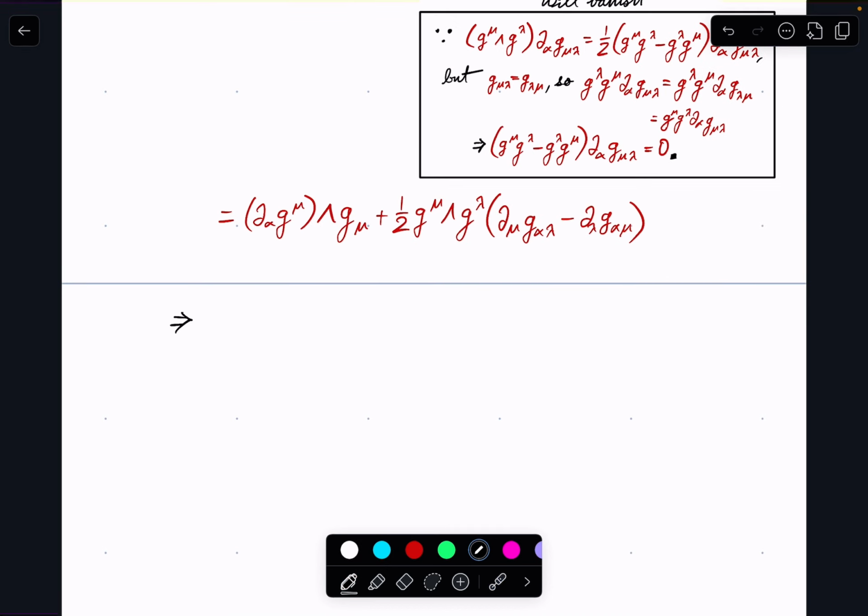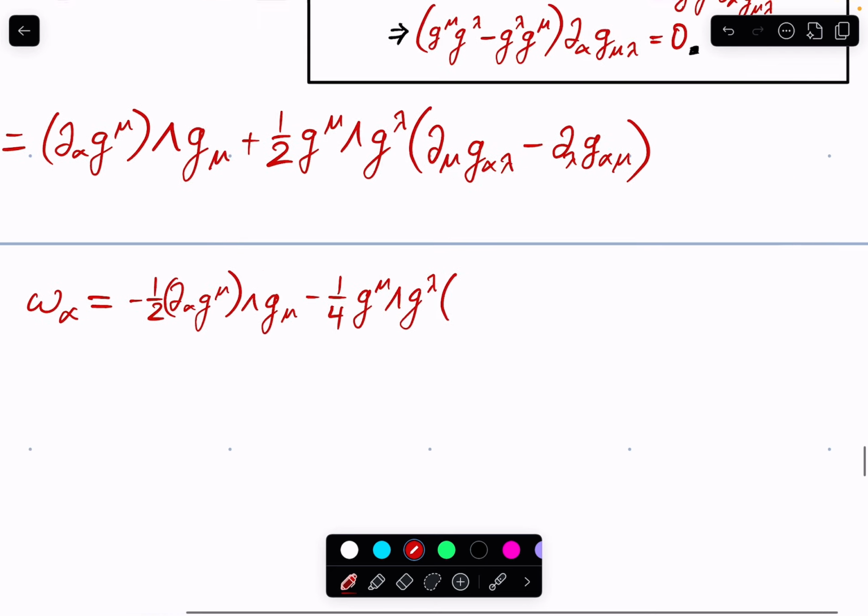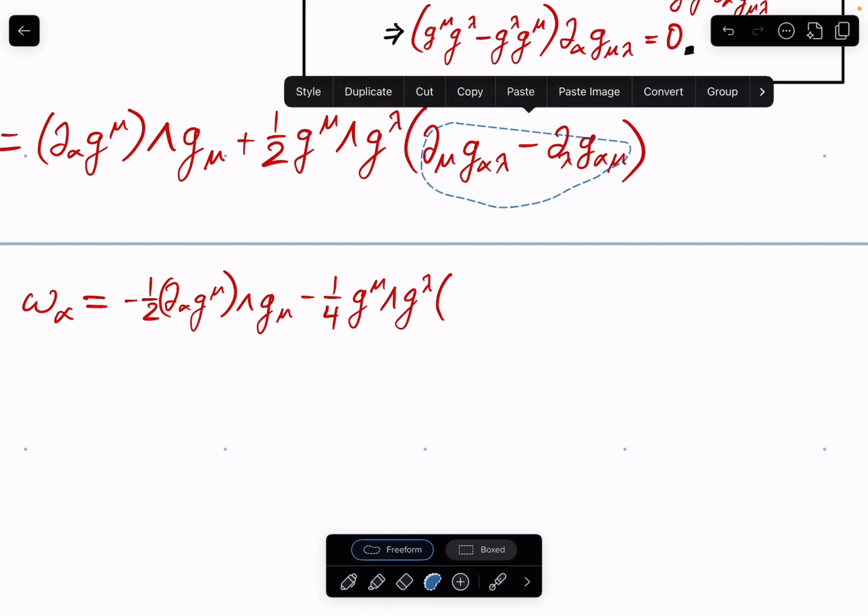So all the stuff that we've done thus far implies that omega alpha is equal to -1/2 of partial alpha. I lost track of where I was in my notes, so I had to go back for a second. Then -1/4 g^μ wedge g^λ, and then this.